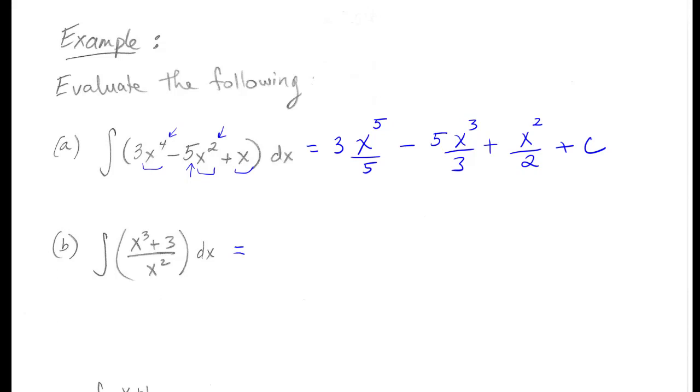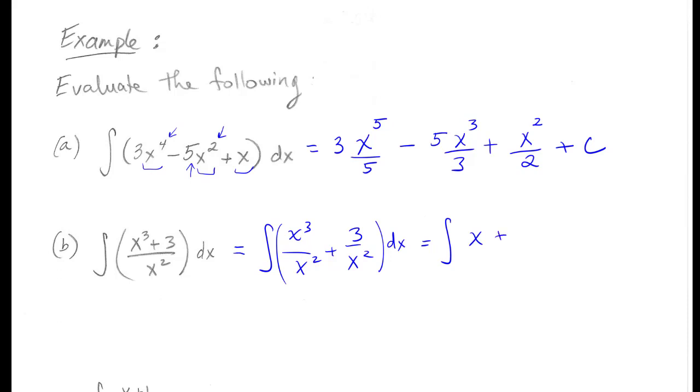But what I can do here is put it in a better form. So I'm going to work with this. I'm going to split it up and do x cubed over x squared plus 3 over x squared. So I'm going to do a bunch of algebraic manipulation before I get to any integrating. So x cubed over x squared is just x.